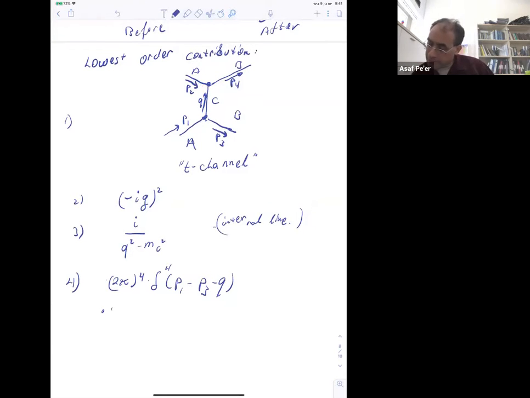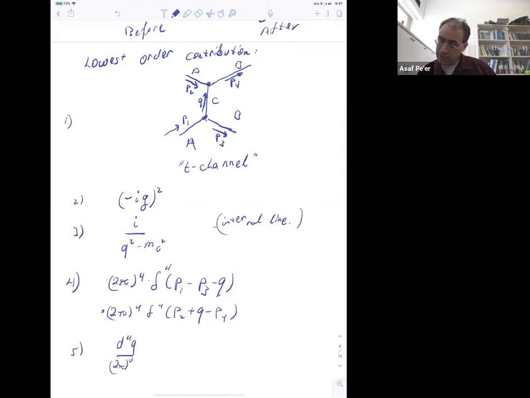So we have 2 pi to the 4 delta to the 4 of P2 plus Q minus P4. And we have only 1 internal momentum, Q, so we have 1 integration. So rule number 5 says that we should have d4Q divided by 2 pi to the 4.